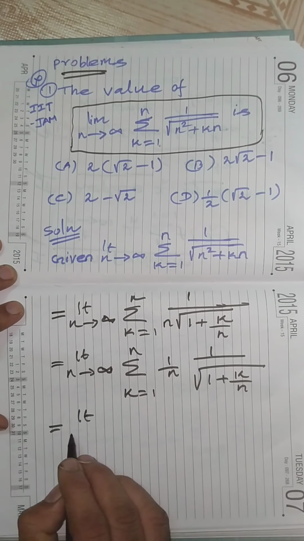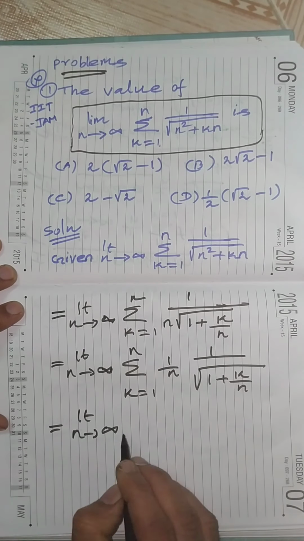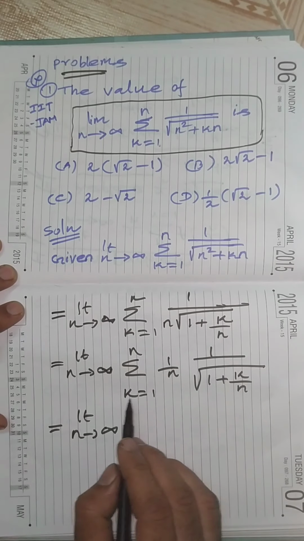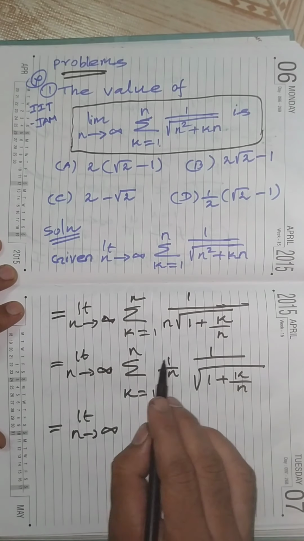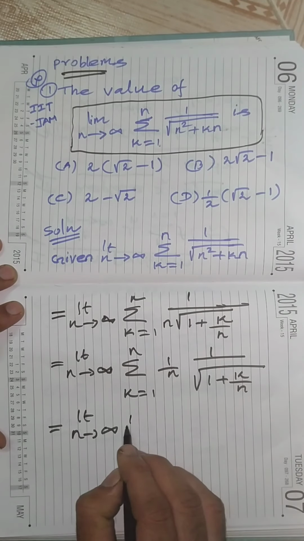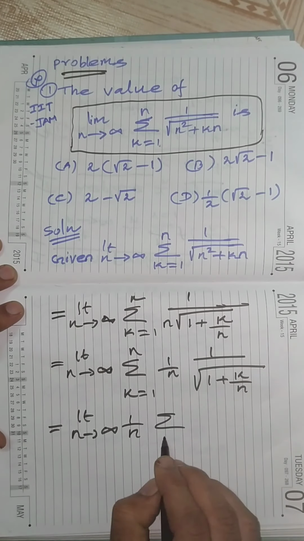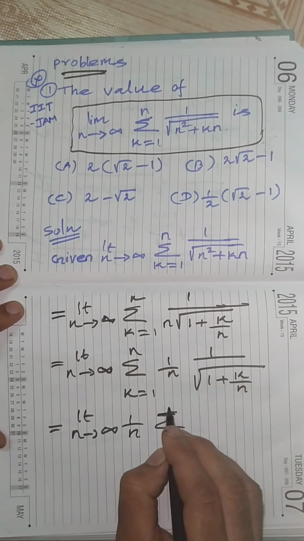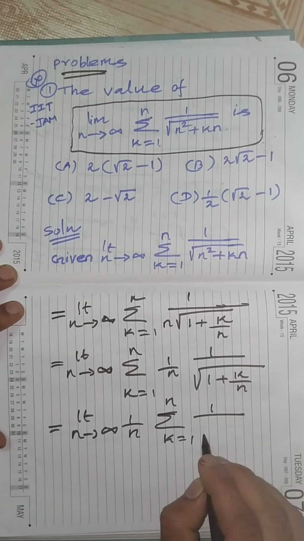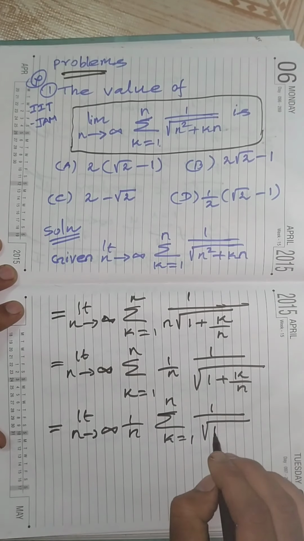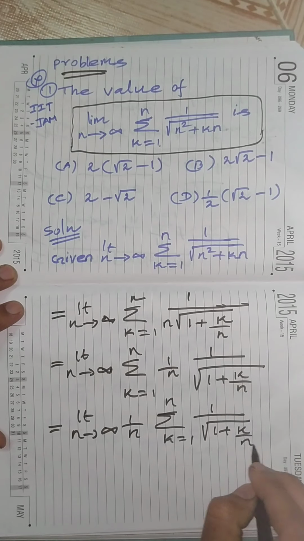Here k only varies from 1 to n, so 1 by n is independent of k. So 1 by n, summation k varies from 1 to n, 1 divided by the root of 1 plus k by n. Is it right?